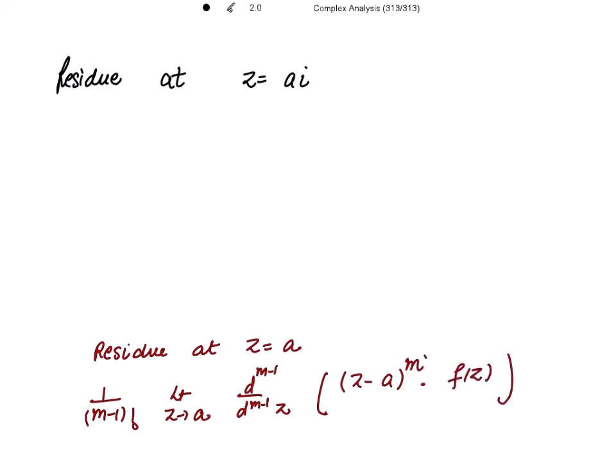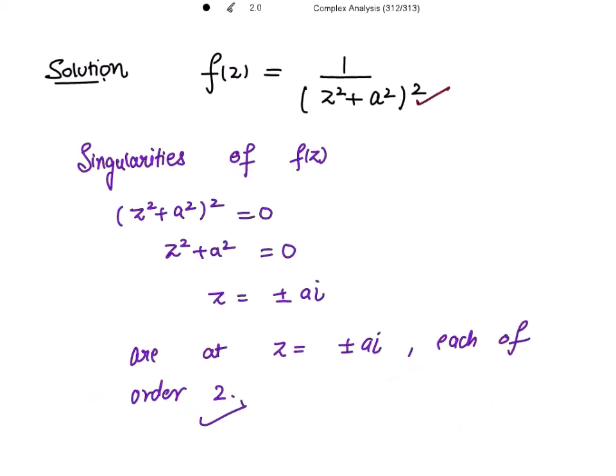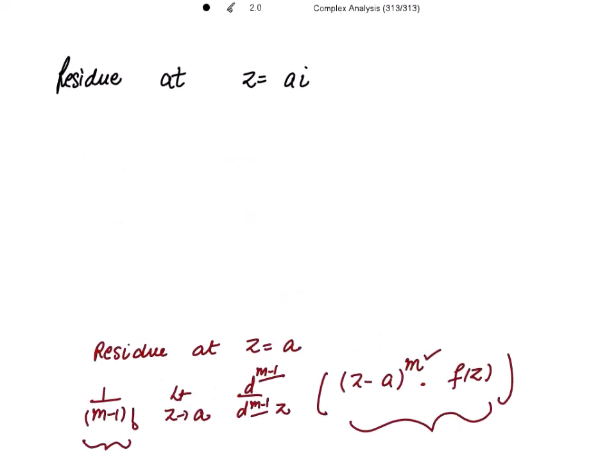If we are having the power m, I must write (m minus 1) factorial over here, and I must take the (m minus 1)th derivative of this, right? Here we are having the power 2, so for that I'm having here m equal to 2, right? So from this formula I'm calculating the residue for m equal to 2, the power.